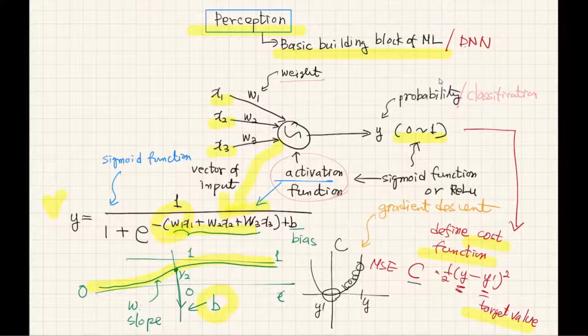You can give many different types of pictures, and this deep neural network may determine which has the best probability. If you show it a picture, it takes the input and the output will be obtained. During the training process, this output is compared to your target real value. Let's assume this picture is a tiger, y dash means tiger, so y should be equal to 1 for the case of tiger. But if there is some difference, we define a cost function. We iterate this training process until this cost function becomes 0.